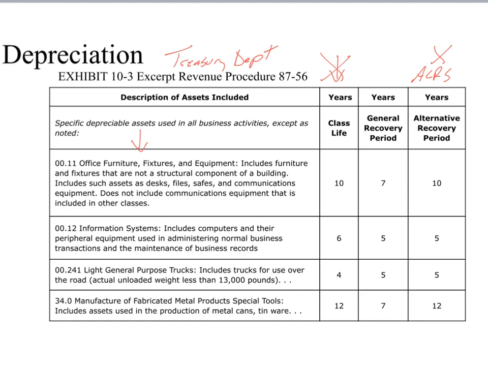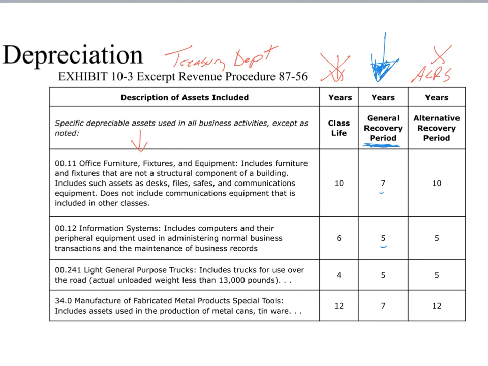What we are concerned about is this column right here, this general recovery period. This is what we want. You see office furniture, fixtures, equipment. These things have a 7-year recovery period. Computers and peripheral equipment, meaning things like printers, fax machines, those types of things, have a 5-year life.